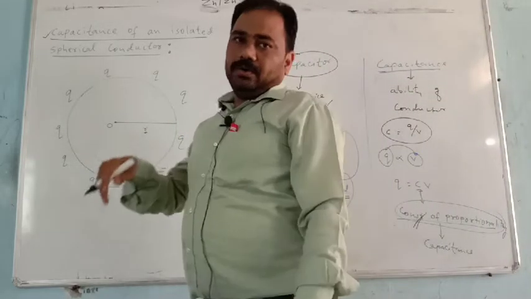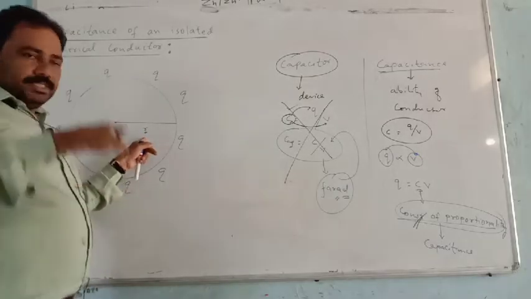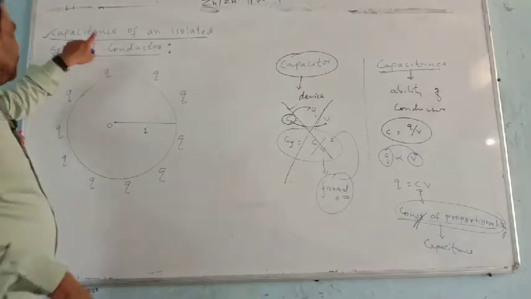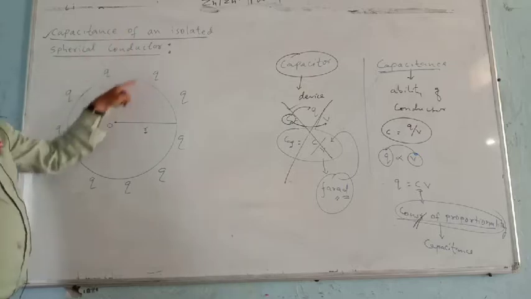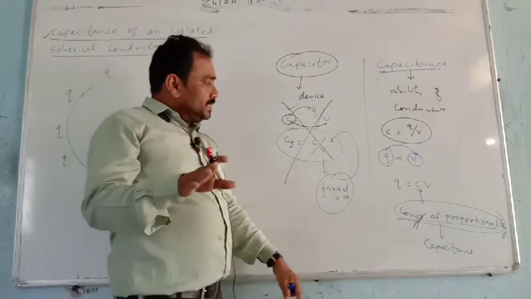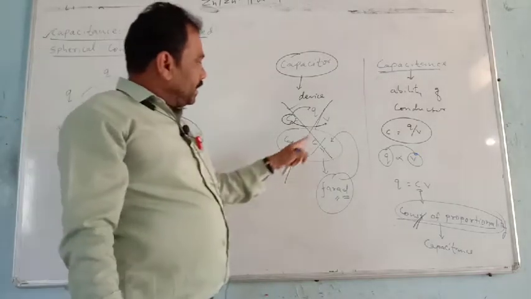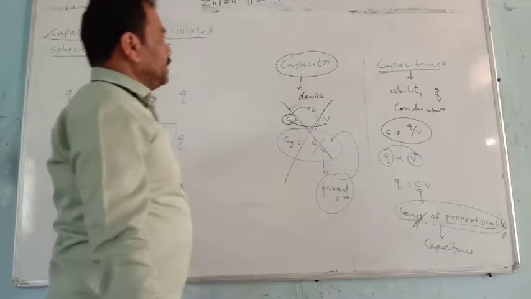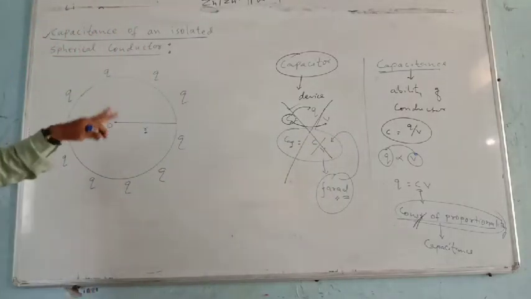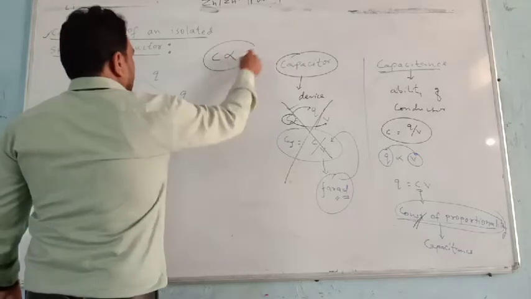How does the capacitance depend on the radius? We have to prove this in this article, capacitance of an isolated spherical conductor. It means capacitance only depends on the radius, it does not depend on charge and potential difference. So in today's video we have to prove that capacitance totally depends on the radius.